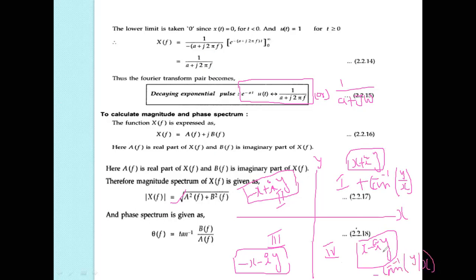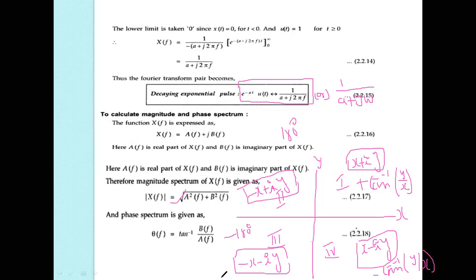Whenever we can take x minus iy, x minus iy minus y by x. And coming to here, minus x plus iy and minus x minus iy, we can add 180 degrees and we can subtract 180 degrees.